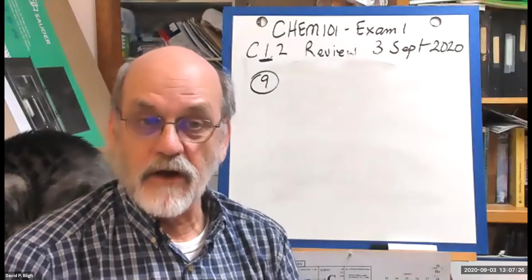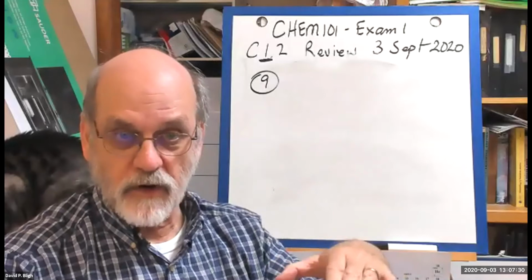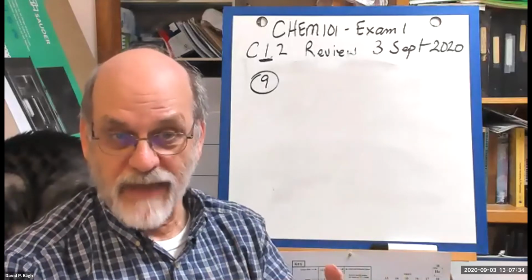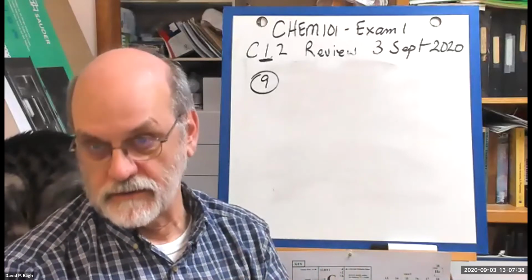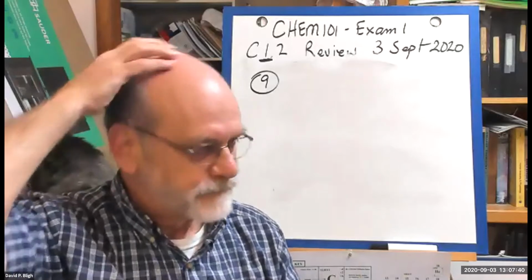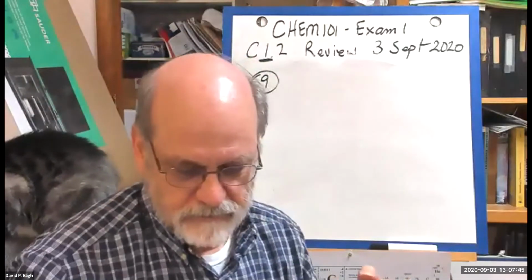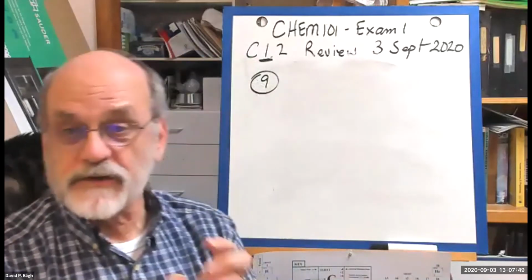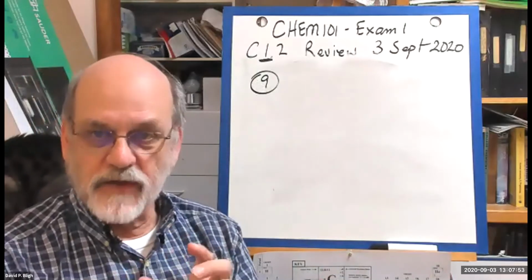A 1 kilogram mass in Earth's gravity at the surface of the Earth experiences a pull of about 1 Newton. But there's a difference between weight and mass. The weight depends upon the gravitational field.